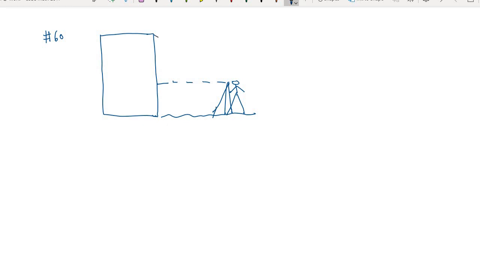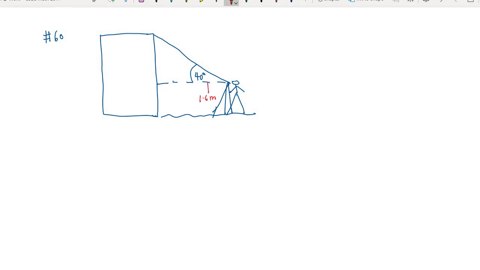So he looks up here from his instrument and he gets the angle of elevation as 40 degrees. We are also told that the height of this man is 1.6 meters.